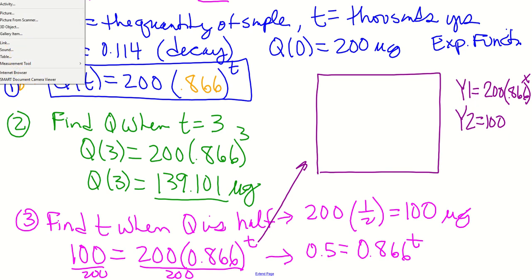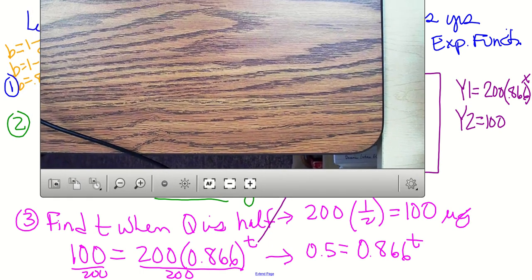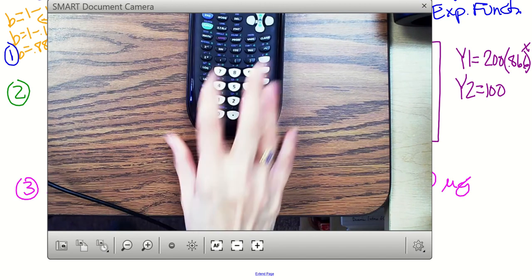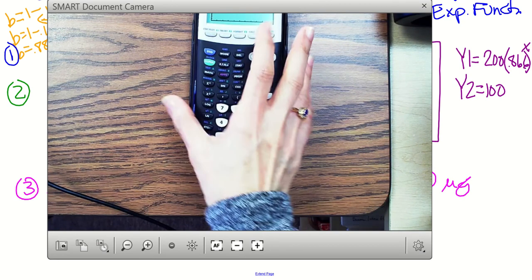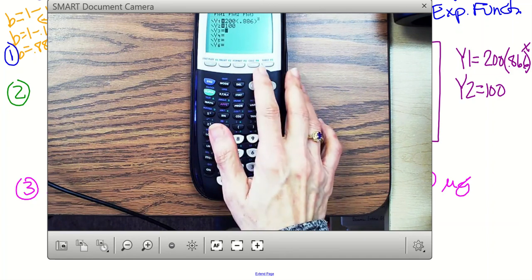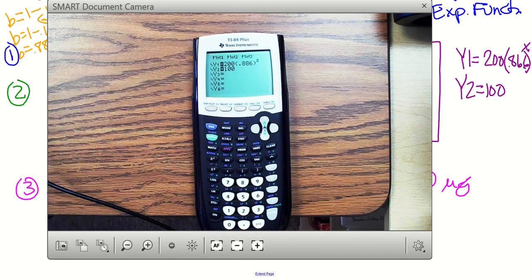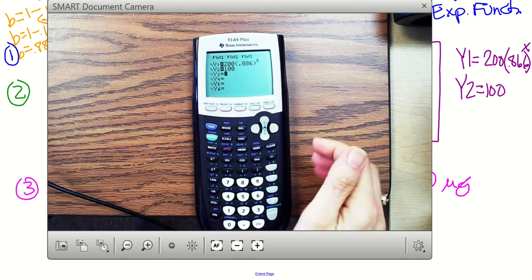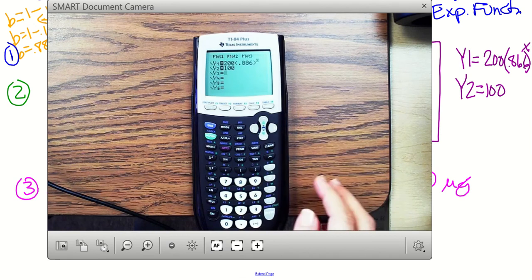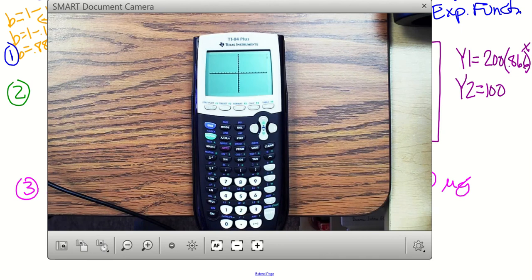Let's see if we can bring this down, get this to work. So I've got my equation editor, and you can see from the calculator, I've already put in 200 times 0.866 to the x is y1 and y2 equals 100. So I'm going to graph that. I always like to do a zoom standard. So there's a zoom 6.